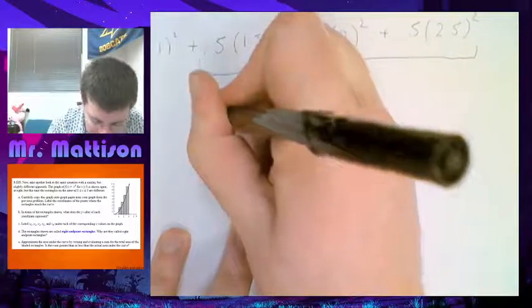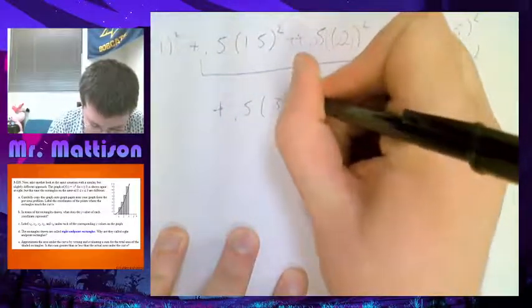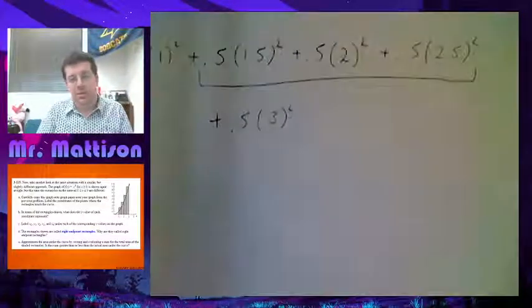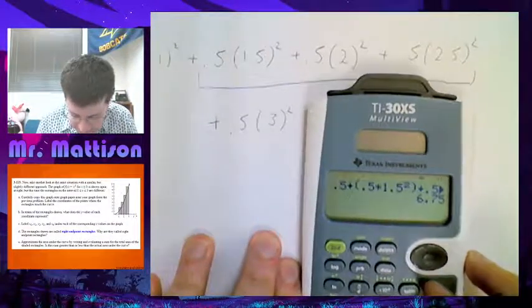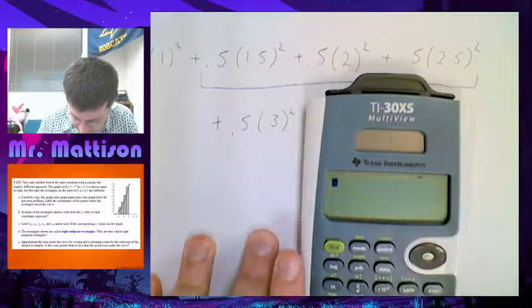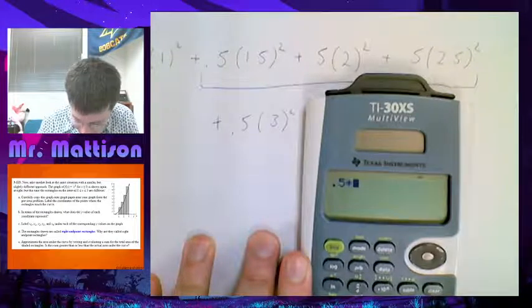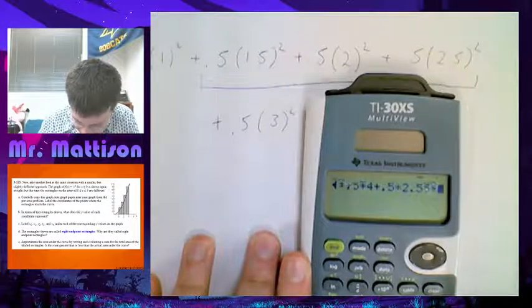So it's going to be that plus 0.5 times 3 squared. Let's try all that. I can really just subtract the 0.5, but I'll do it the proper way: 0.5 times 1.5 squared plus 0.5 times 4 plus 0.5 times 2.5 squared plus 0.5 times 9.